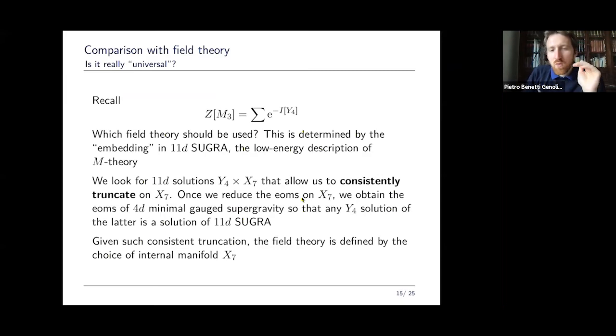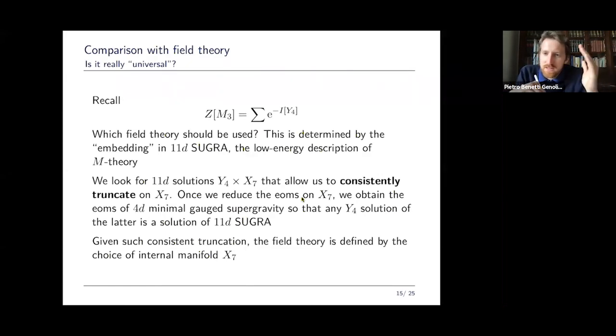The way you choose the field theory to compare to is by embedding in quantum gravity. Our best and probably only theory of quantum gravity is string theory, or in this case, M theory.